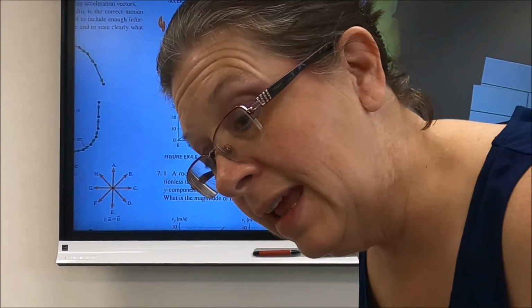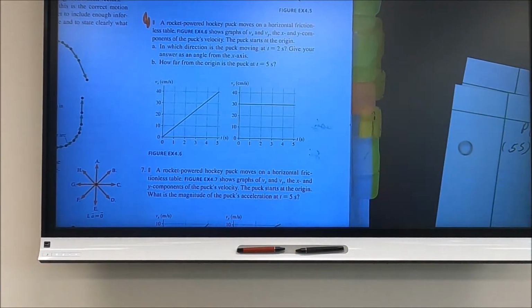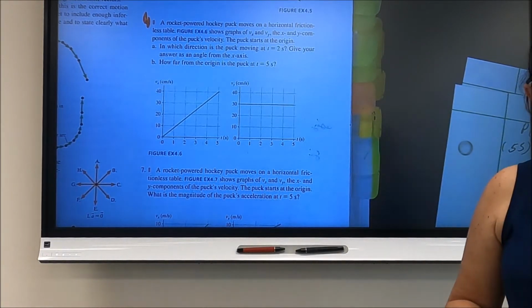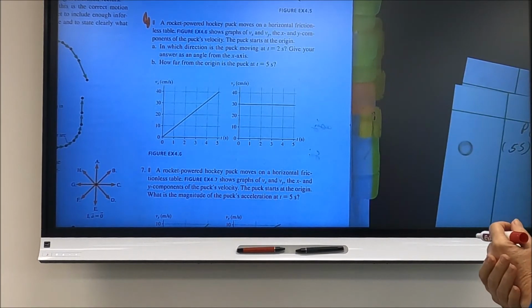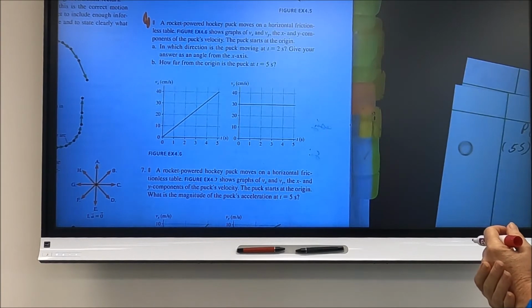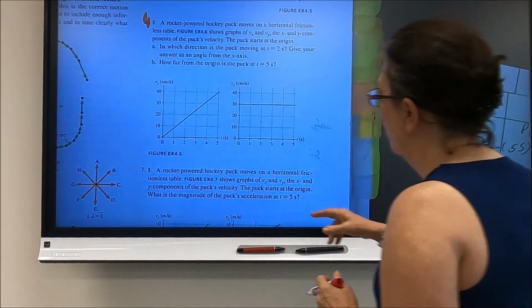Now, if we look at this again, part B of the problem says how far from the origin is the puck at 5 seconds. So now our time is 5 seconds. If I look at a velocity versus time graph, the position, the location, can be gotten by looking at the area underneath the curve.